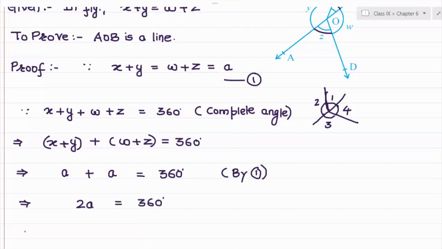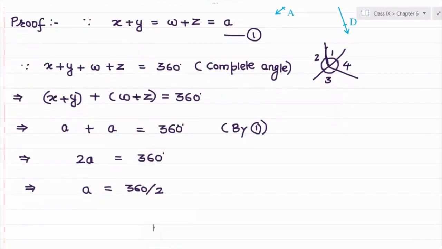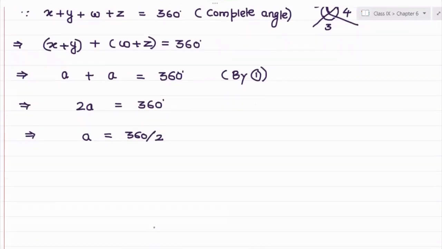Okay, so what is the value of a? a will be equal to 360 divided by 2. So we can say that the value of a will be equal to 180 degree. But what is the value of a? Value of a, as you can see in equation number 1, I will show you the first equation.